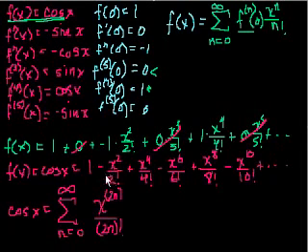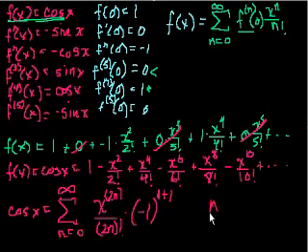Let's see what we can do. Negative 1 to the, so we want the first term to be positive, the second term to be negative. So we could say times minus 1 to the n plus 1. Let's see if that works. When n is 0, what's negative 1 to the n plus 1?